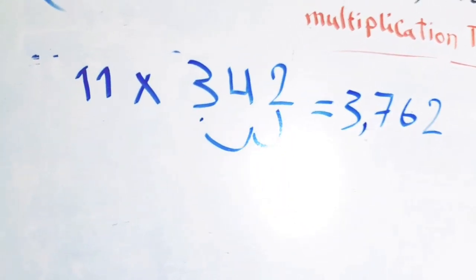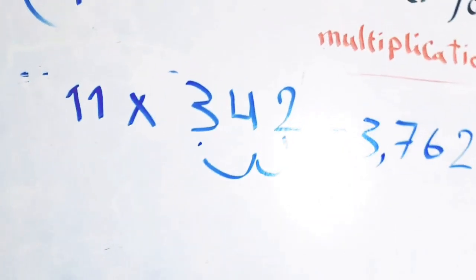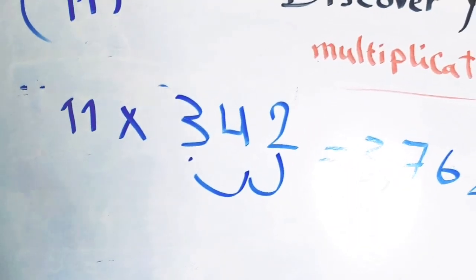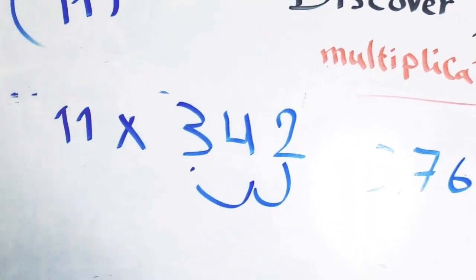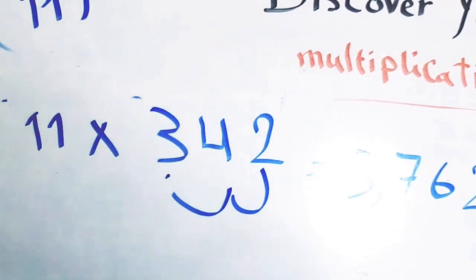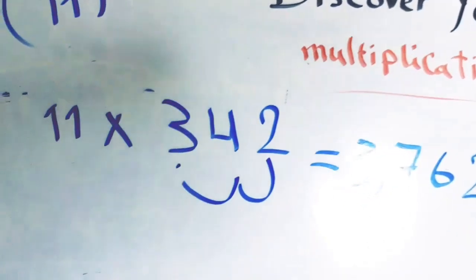Good. Can we use the same trick to multiply 11 by a 4-digit number, or a 6-digit number, or a 7-digit number, and so on? Yeah, of course.